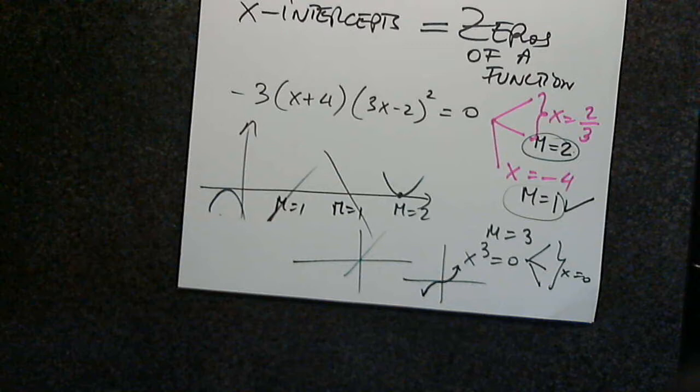So that's the importance of multiplicities. They tell us whether a function turns or crosses, and how it turns and how it crosses the x-axis. So one more time, an odd multiplicity crosses. An even multiplicity turns. But it also depends how. Any questions?